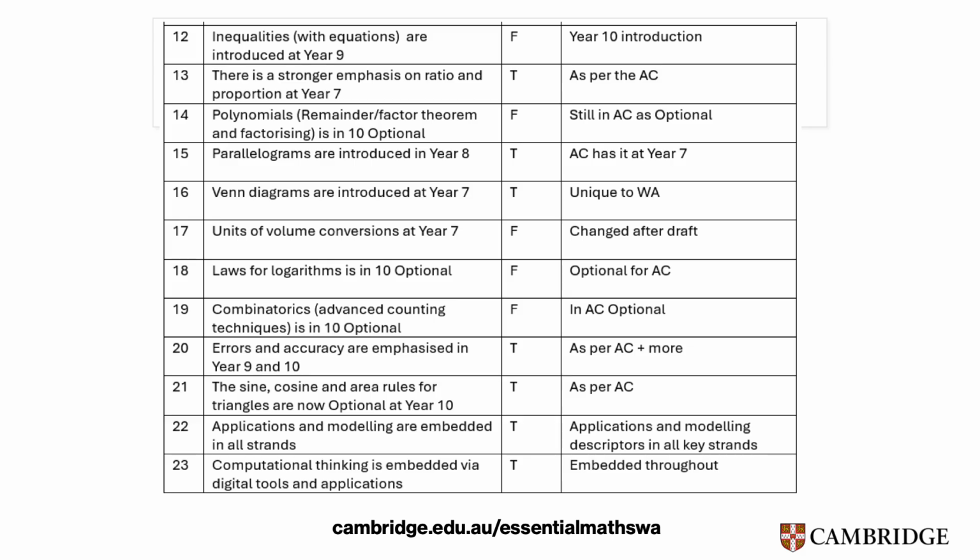More in AC, more in WA. The sine rule, cosine rule, area rules for triangles, they are now optional for WA in year 10, and I believe they're still optional for Australian curriculum. Modelling, number 22, clearly that's in, along with digital tools and technology are embedded throughout the curriculum.